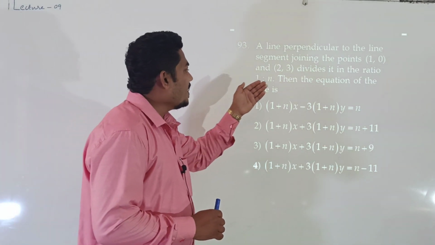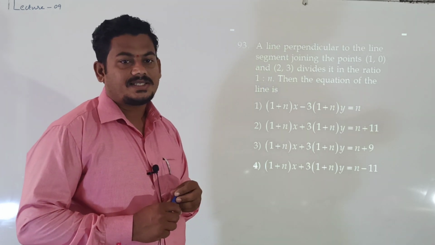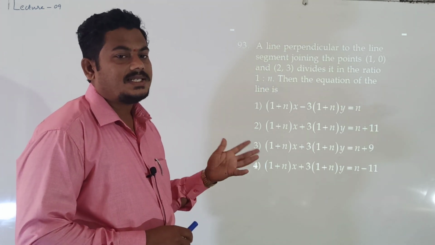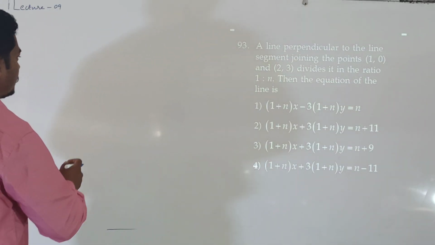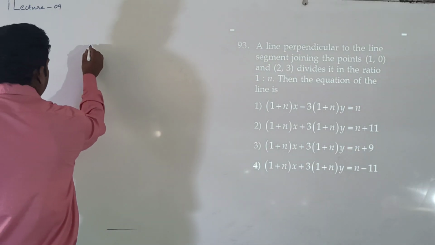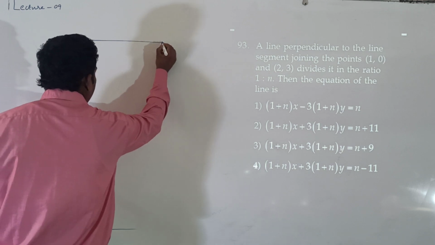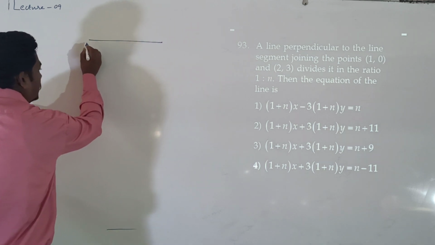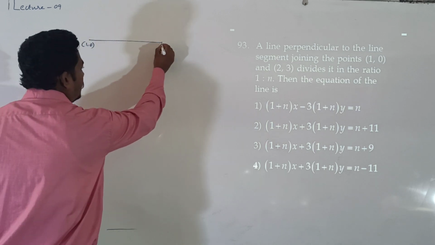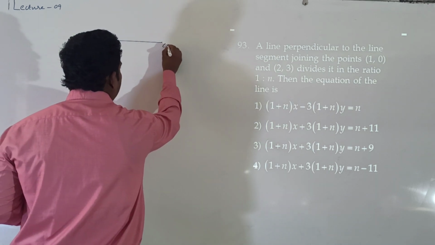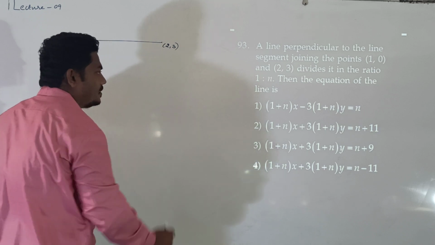A line perpendicular to the line joining these 2 points divides it in the ratio of 1:n, right? The points are (1, 0) and (2, 3), right?